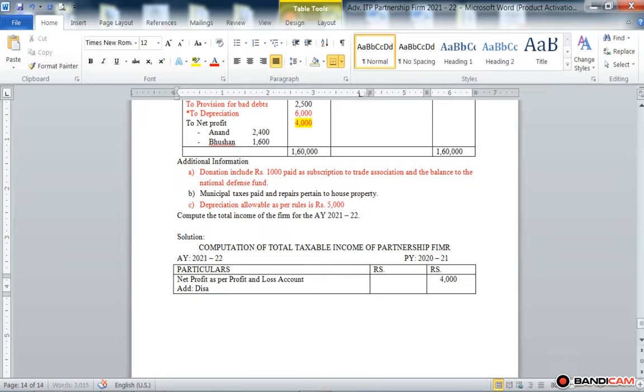Inadmissible or disallowed expenses debited to P and L account, profit and loss account.